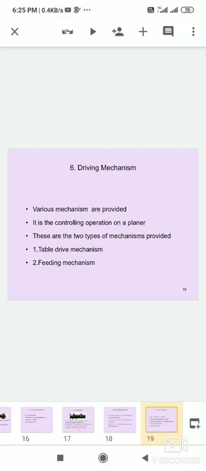First one is the table driving mechanism. There are 3 types: the open and cross belt drive mechanism, the fast and loose pulley drive mechanism, the reversible motor driving mechanism, and hydraulic drive. This is the open and cross belt drive mechanism.